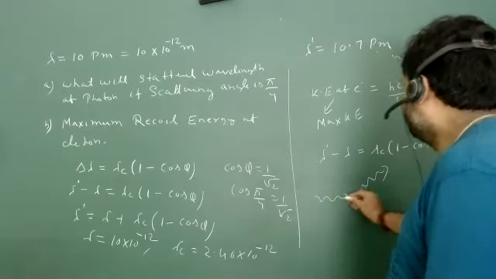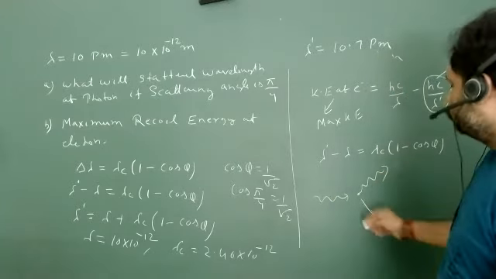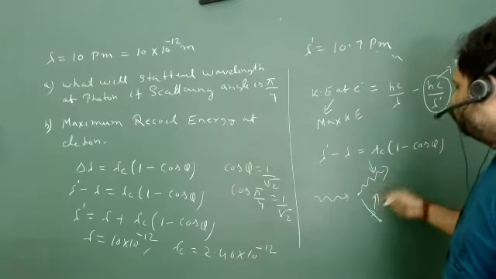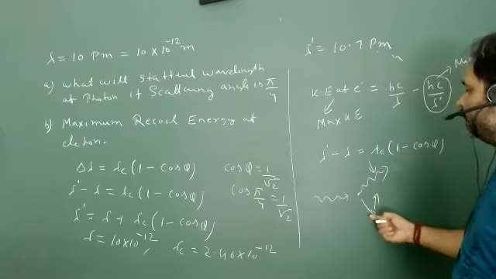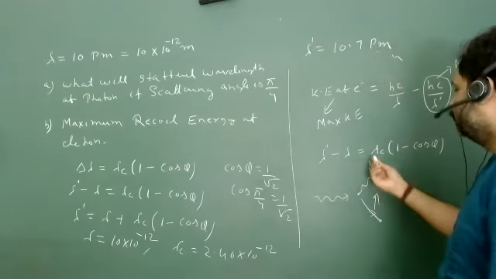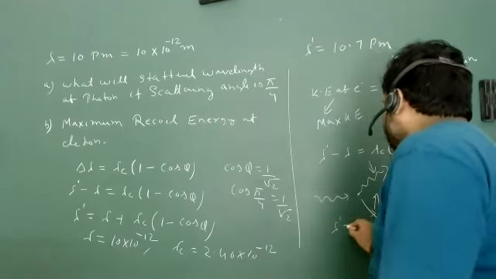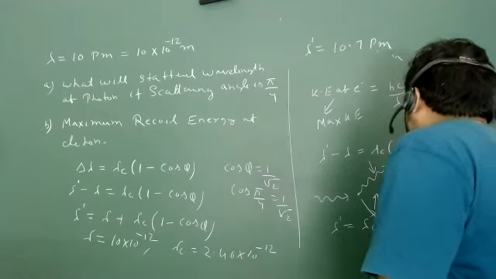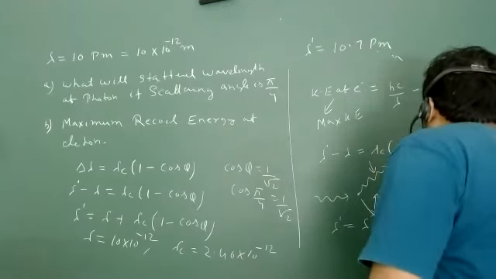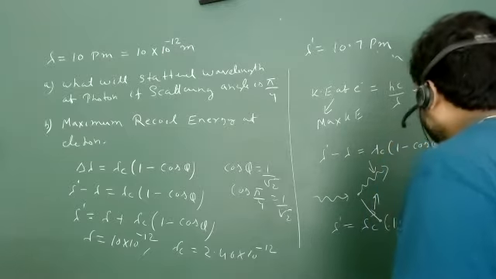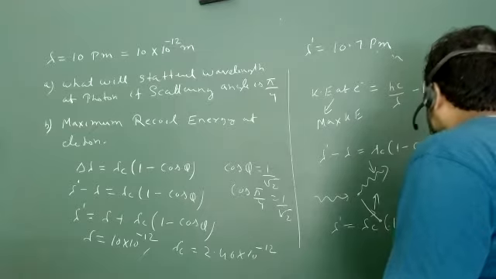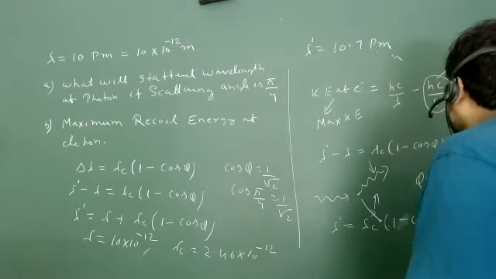Whatever the energy is coming, it is divided into two parts, so if its energy decreases, the other's energy increases. For the maximum kinetic energy, we want the maximum wavelength, and the maximum wavelength is obtained when lambda dash is equal to lambda plus lambda c times 1 minus cos phi, with cos phi equal to minus 1, which means phi is equal to pi.